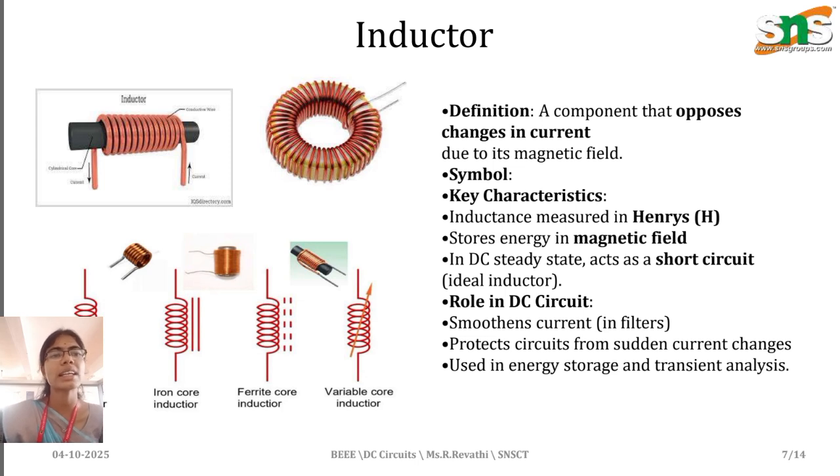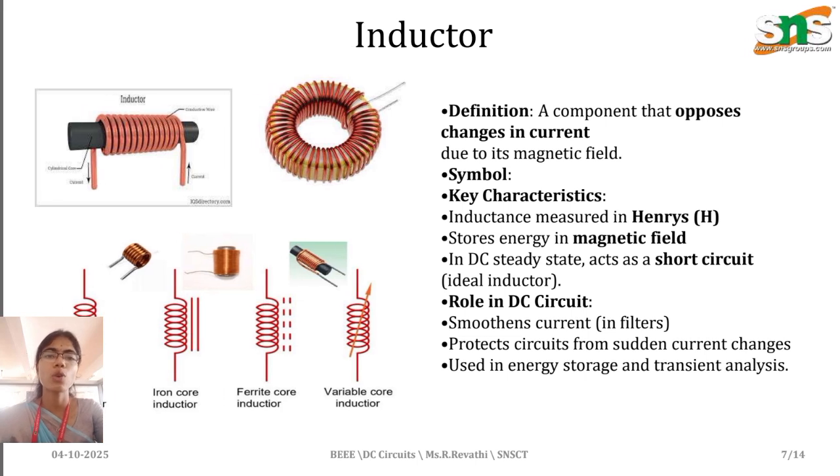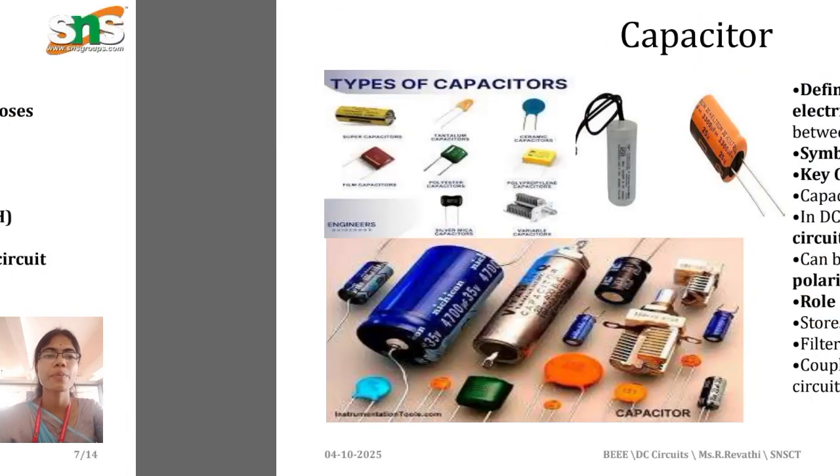In DC steady state, it acts as a short circuit. Its roles are to smoothen current, filter, protect circuits from sudden current changes, and it is used in energy storage and transient analysis. The types of windings and inductors include core winding, ferrite core, and iron core winding.